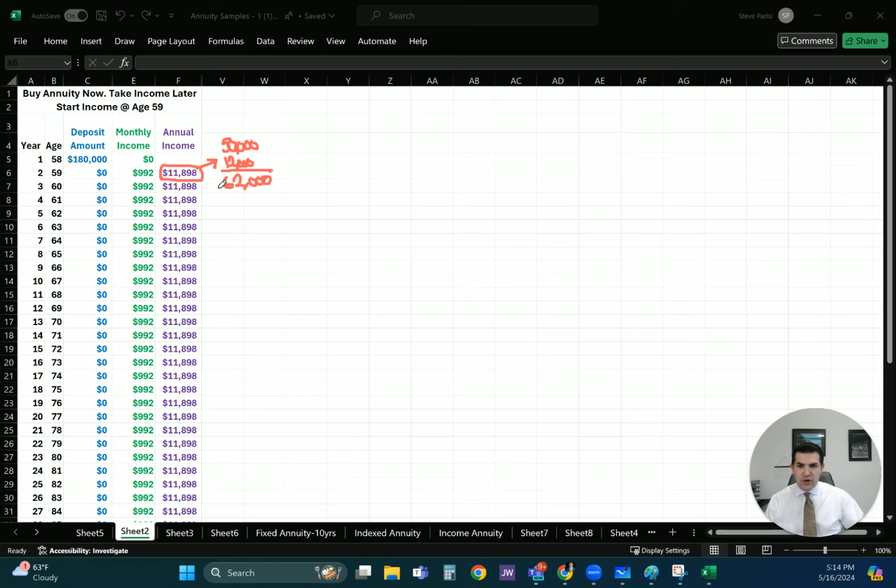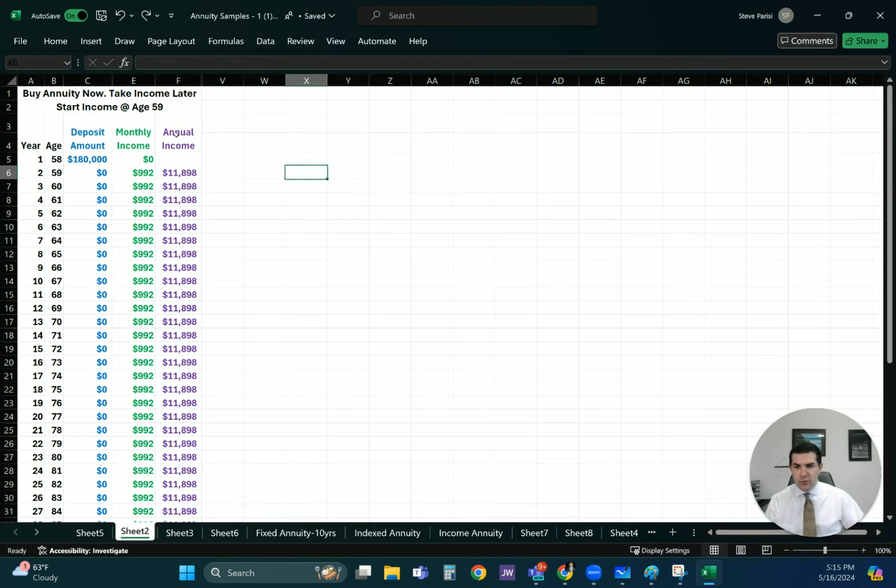Sometimes what I like to do is look at our total income and then estimate what the tax rate will be. Of course, we'll work with the CPA too on that. That way we can see what's my net income at the end of the day. But it is 100% taxable income that is going to be tacked on to whatever your taxable income already is.